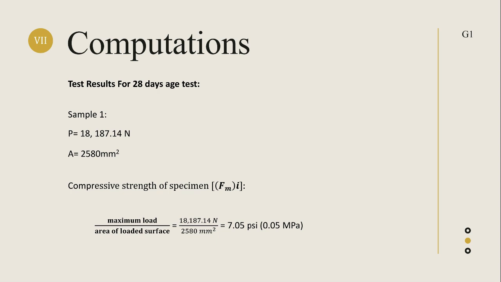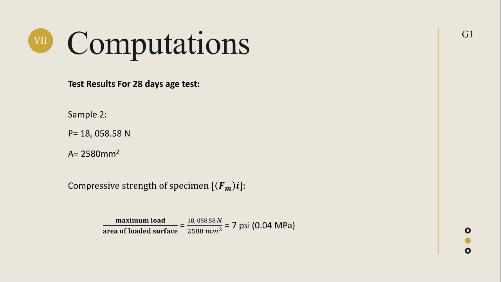And lastly, for test results for the 28 day age test, in sample 1, we use 18,187.14 newtons divided by 2,580 square millimeter, we get the value of 7.05 psi.